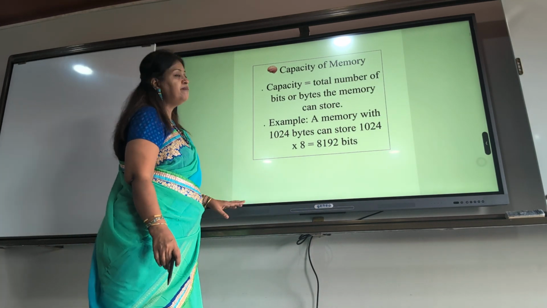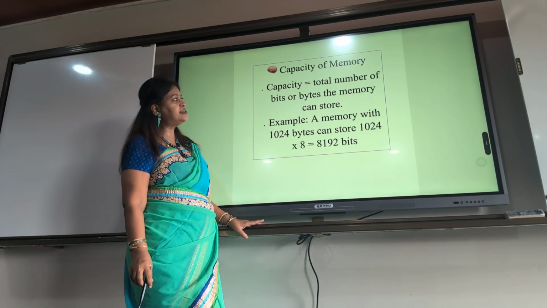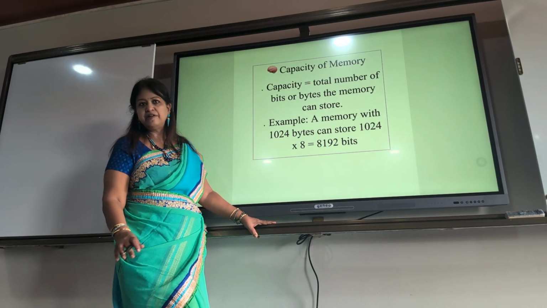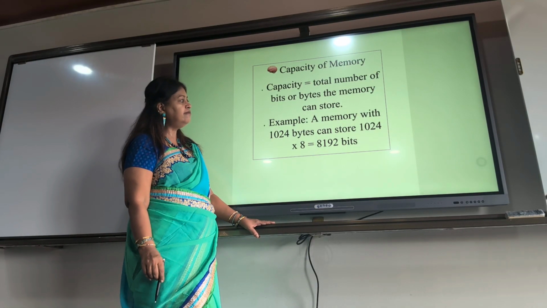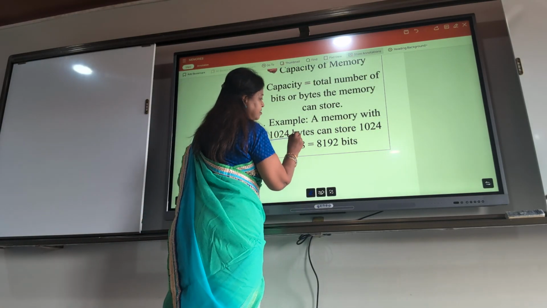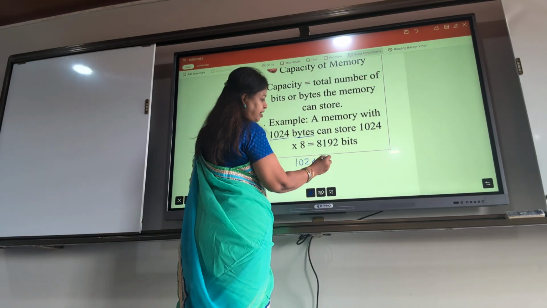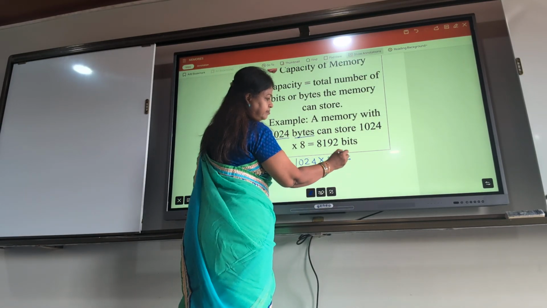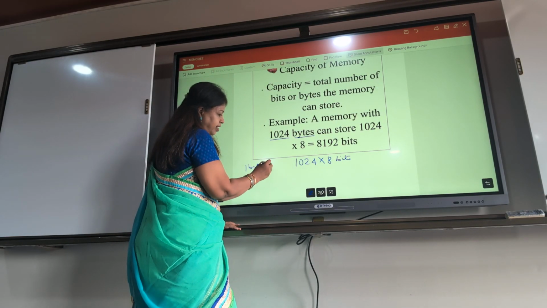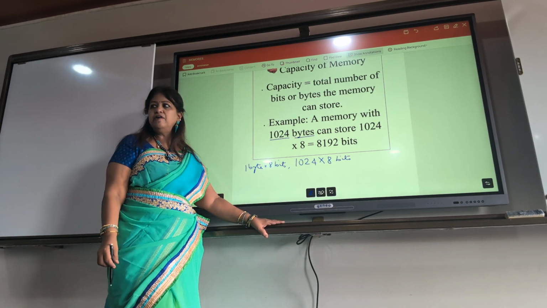Then capacity of memory: how much it can store. The total number of bits or bytes the memory can store is called the capacity of memory. Example: a memory with 1024 bytes can store up to 1024 into 8 bits, because 1 byte is equal to 8 bits.